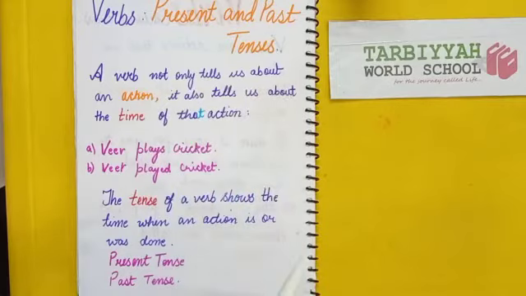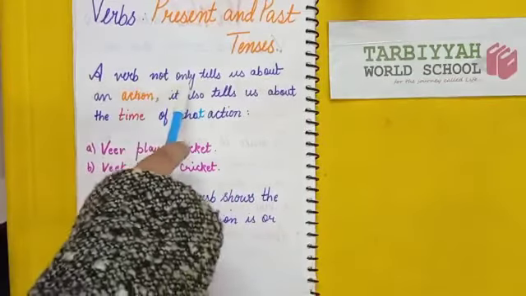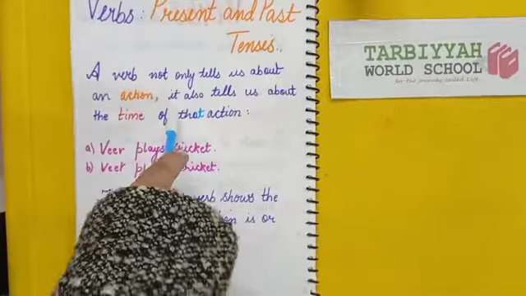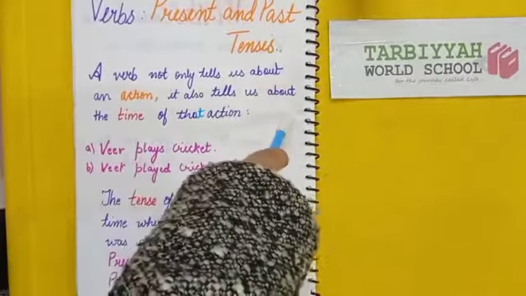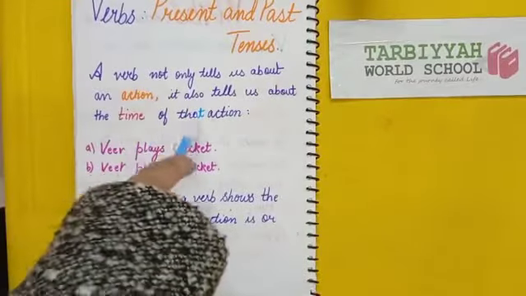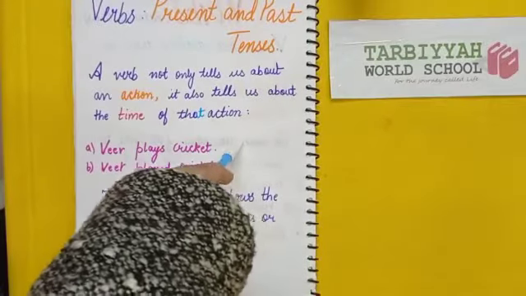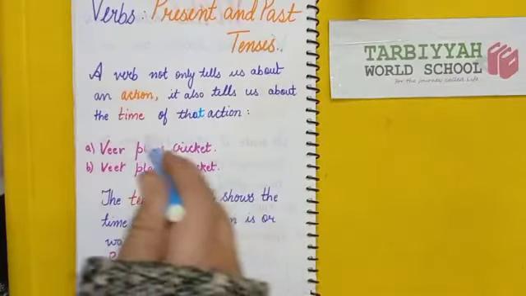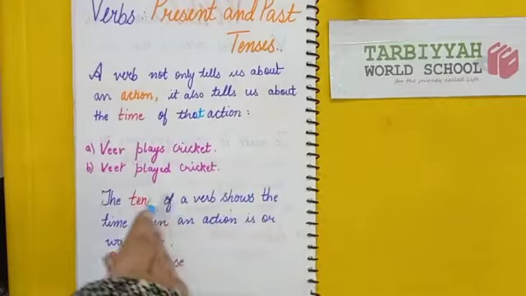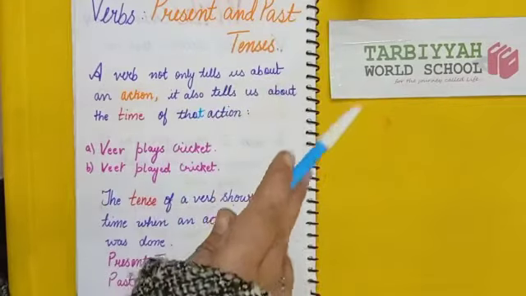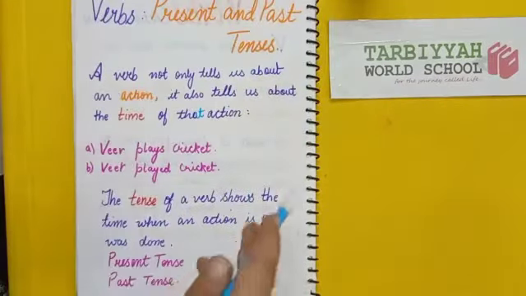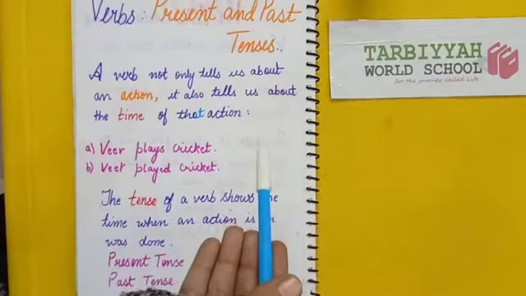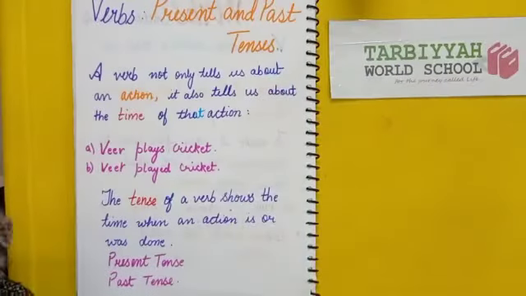In other words, a verb not only tells us about an action, it also tells us about the time of that action. That is, is it something that happens now, or is it something that has already happened in the past? जो हो रहा है और जो हो चुका है.